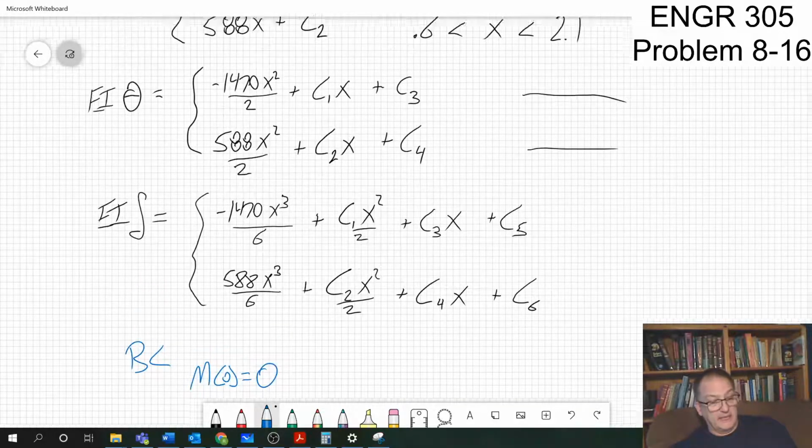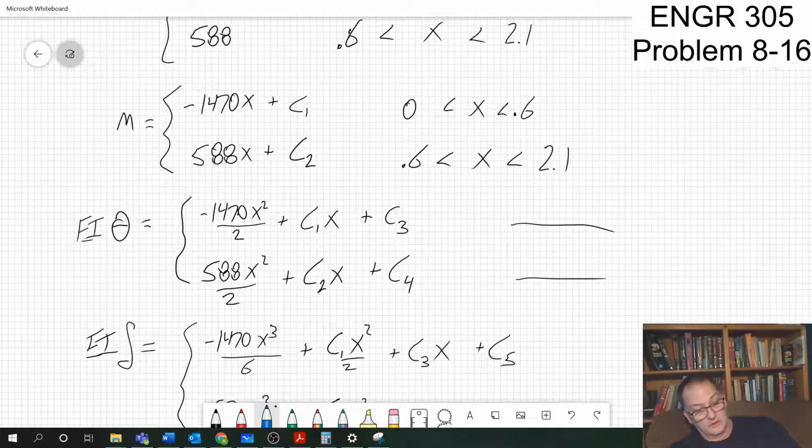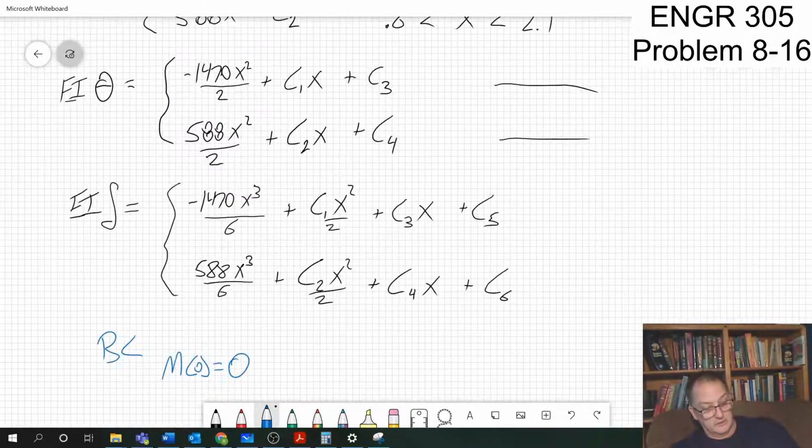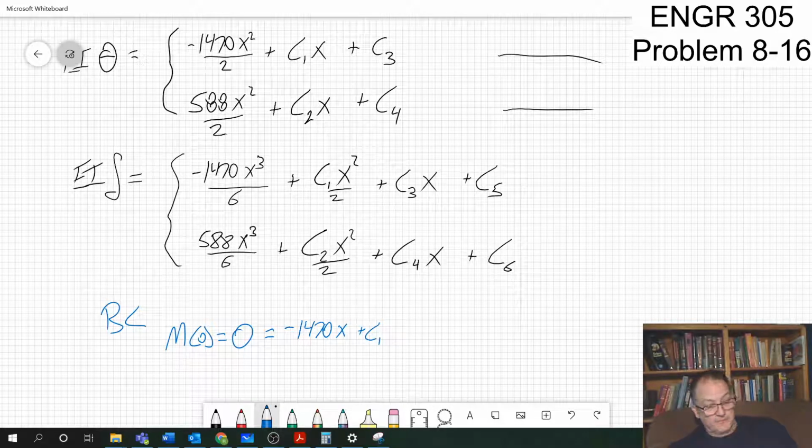So that's going to get me this equation, that one, is equal to minus 1470x plus C1. X is 0, so C1 is equal to 0.